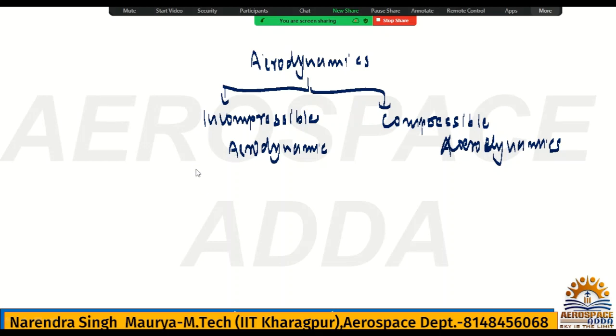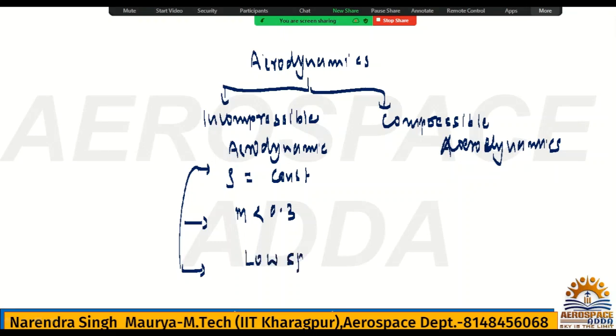So incompressible aerodynamics, as I had mentioned, has two or three things. Number one, density must be constant; it is not going to change. Number two, it is a low speed flow, or in terms of Mach number, it is less than 0.3, and this is what is called low speed aerodynamics.